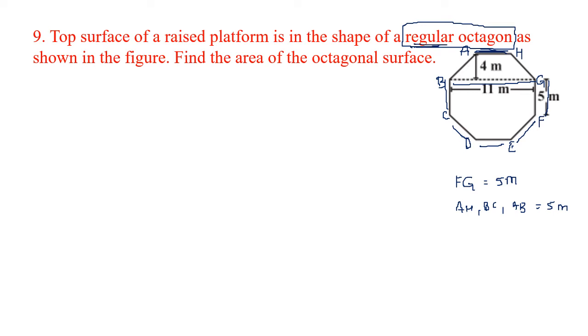Regular octagon again means all the sides are equal. Now we are given BG equal to 11 meter, and let me call this AM. AM equal to 4 meter.